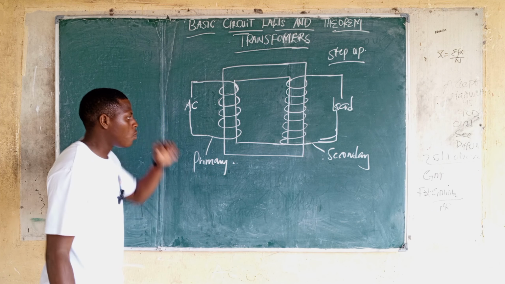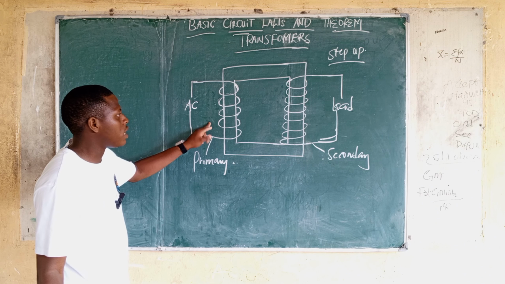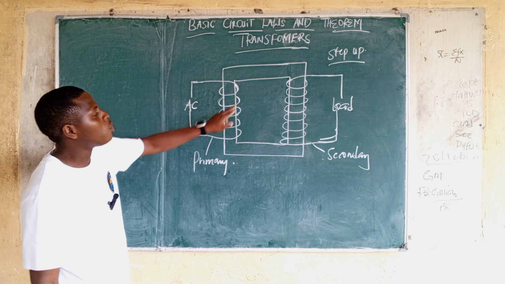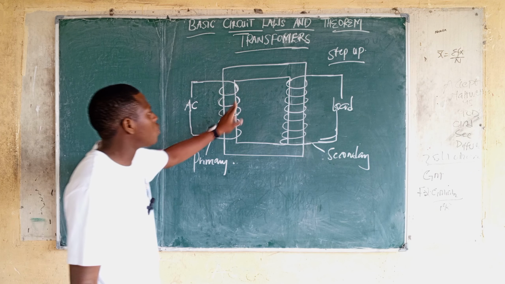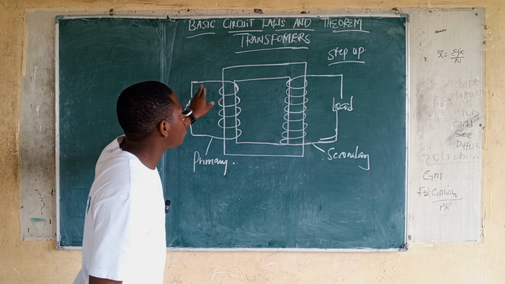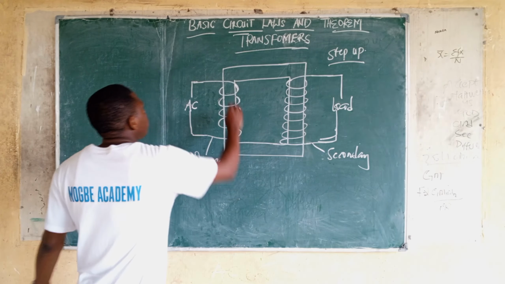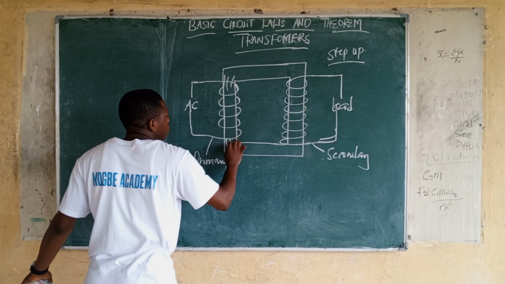Now, how does that work? When current enters the primary side of your transformer, the windings start to generate what is called a magnetic field. So a magnetic field is being generated from the primary side of the transformer.